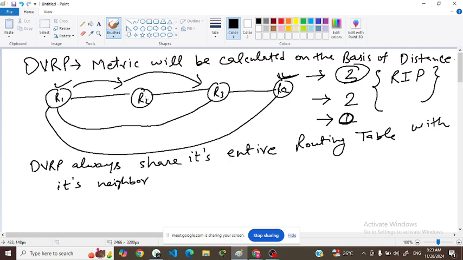Suppose R2 is a neighbor of R1. Whatever R1 has in its routing table, it will share the entire information with R2. Guys, do you know how to check the routing table of a router? What is the command in Cisco? Show IP route.